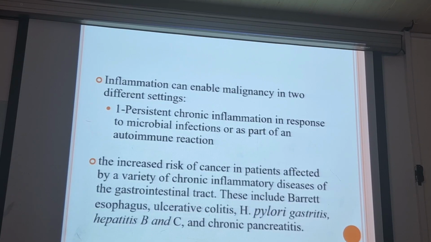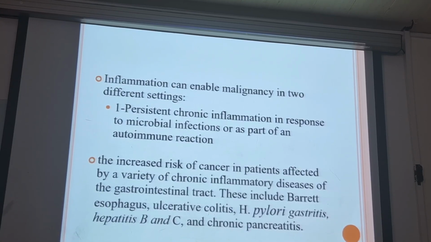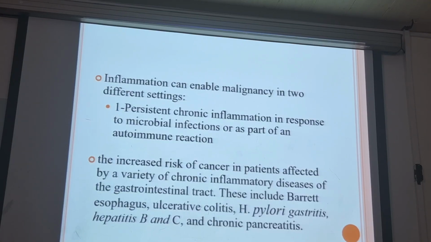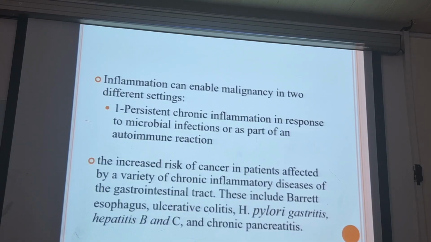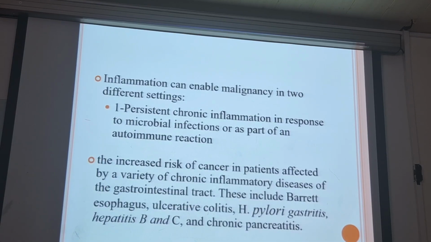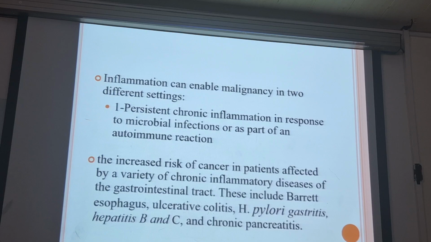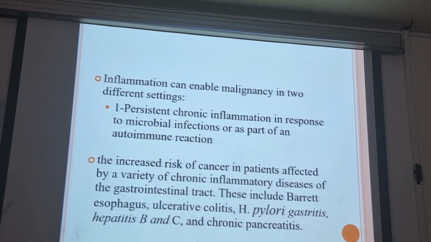At first, persistent chronic inflammation in response to microbial infection or as part of an autoimmune disease. There is an increased risk of cancer in patients affected by a variety of chronic inflammatory diseases of the gastrointestinal tract, like Barrett esophagus, ulcerative colitis, H. pylori gastritis, hepatitis B and C, and also chronic pancreatitis. These are common situations in which, after a chronic inflammation, we can see some types of malignancy.